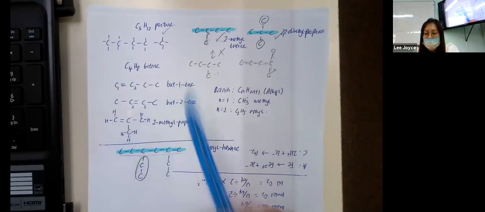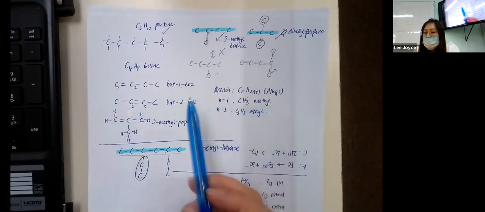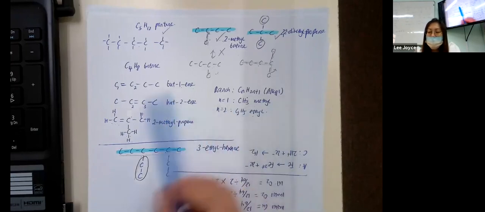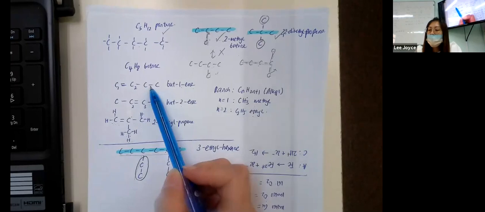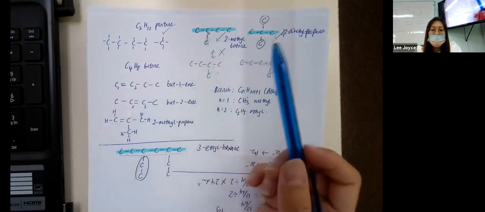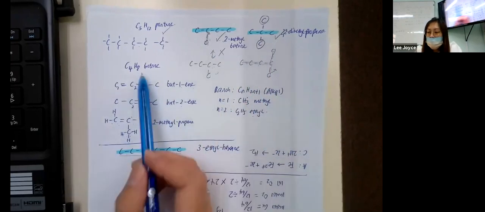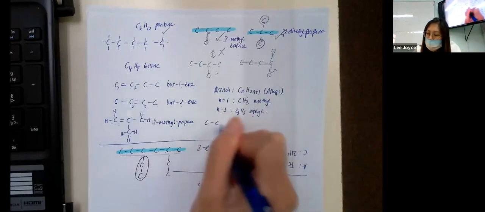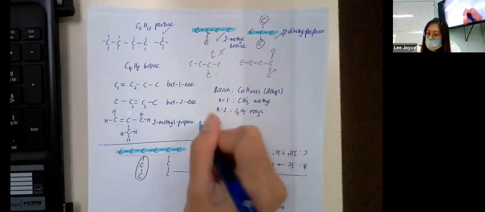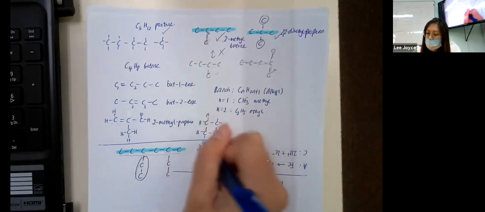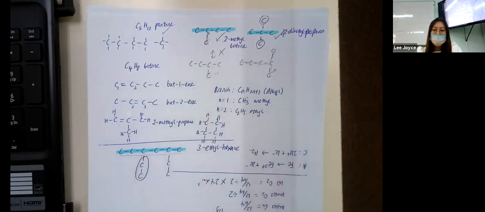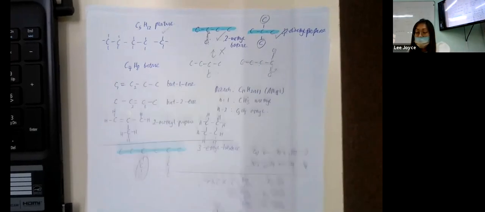Oh yeah, one more thing is, isomers may not be referring to molecules that are from the same functional group. We can also have molecules from different functional groups. For example, the butene can also have isomers that look like this. Okay, I'll draw another picture.